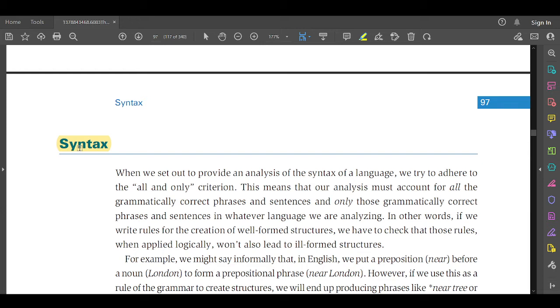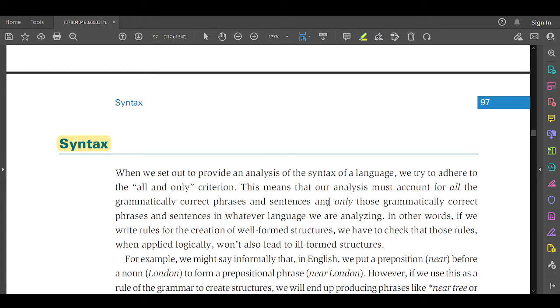When we set out to provide an analysis of the syntax of a language, we try to adhere to the "all and only" criterion. This means that our analysis must account for all the grammatically correct phrases and sentences, and only those grammatically correct phrases and sentences, in whatever language we are analyzing.